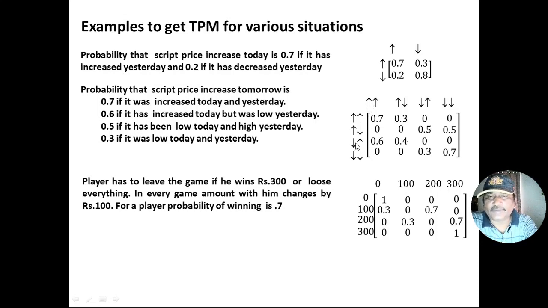The probability of increase in the share price is 0.6, and therefore the decrease in the share price tomorrow will be 0.4. So second arrow decrease, first arrow essentially must be increase.